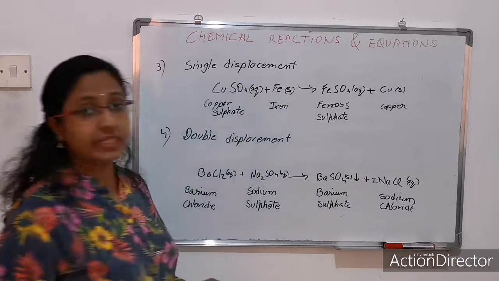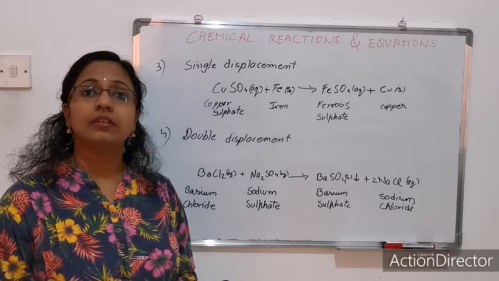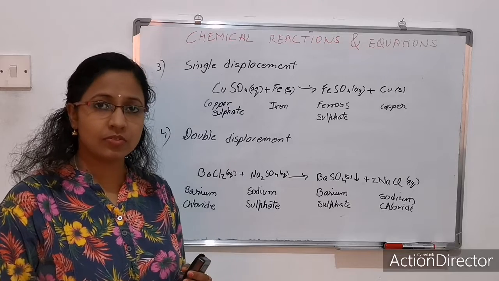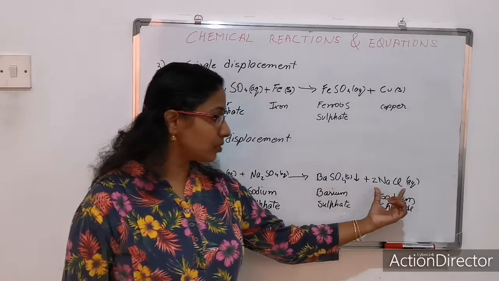Now, BaCl2 plus Na2SO4 gives BaSO4, which is a precipitate. Now, what is a precipitate? A precipitate is insoluble, which is not soluble in water or aqueous, whichever is the solution.